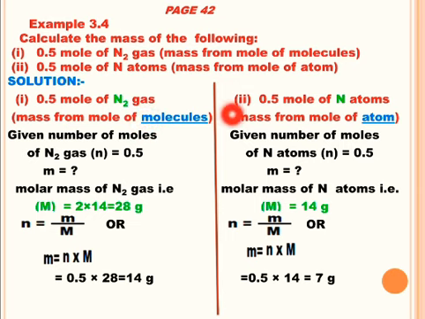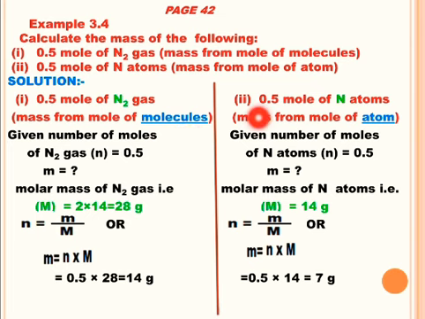Now look at the second example, 0.5 mole of nitrogen atoms. Now this time you have to calculate the mass of 0.5 mole of nitrogen atoms. Students, here you have found the mass of 0.5 moles of nitrogen gas, which is a molecule.